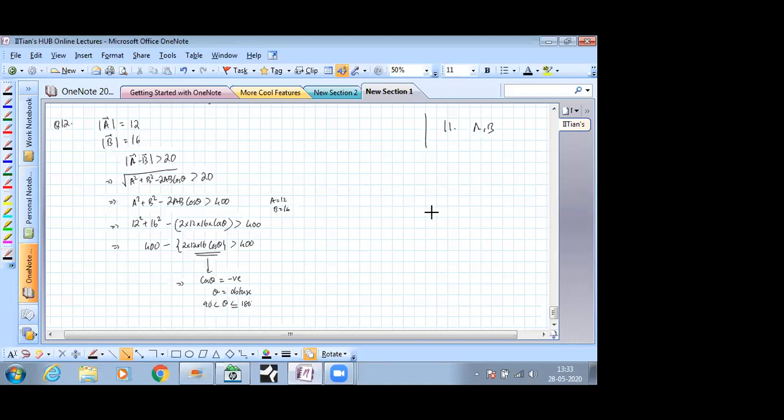See, the magnitude of A and the magnitude of B are the same. So when you draw the vector parallelogram, realize that it becomes a rhombus. This side is equal to this side. They are both of 10 each or whatever. And this angle is 120. Now the property of the rhombus is that the diagonals are perpendicular to each other. So A plus B and A minus B will become perpendicular.